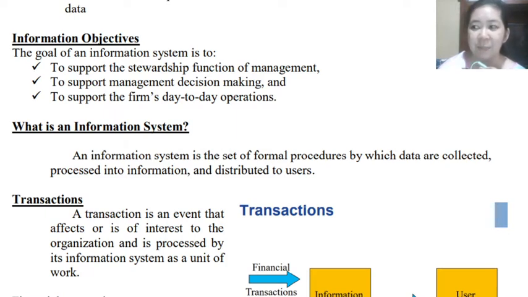Just like, for example, in accounting, we have the procedures for manufacturing. In the manufacturing procedure, there are data. We collect the cost data, for example, and then this cost data is processed into a cost financial report that is used by the management for decision making. This is an example of an information system.